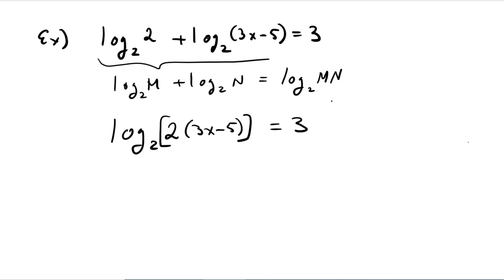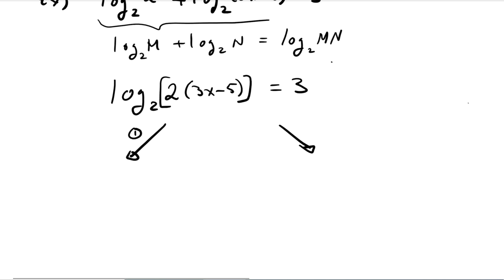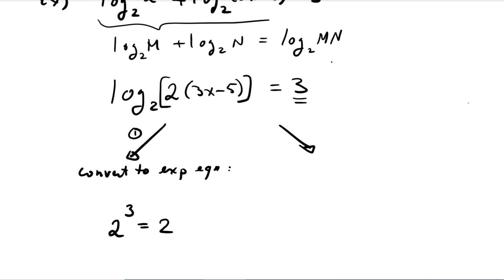Okay, now at this point I have 2 ways of approaching this. Number 1, I could just convert to an exponential equation. So 3 is the power to which you raise the base 2 in order to get 2 times 3x minus 5.